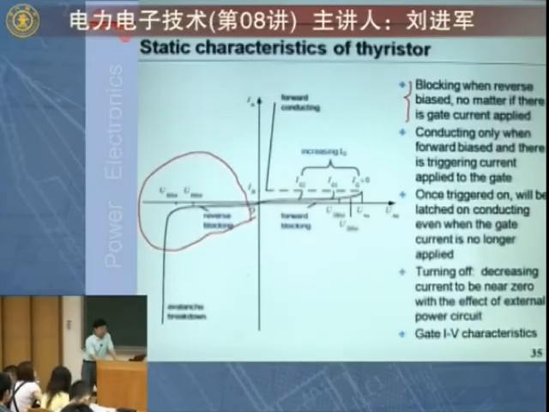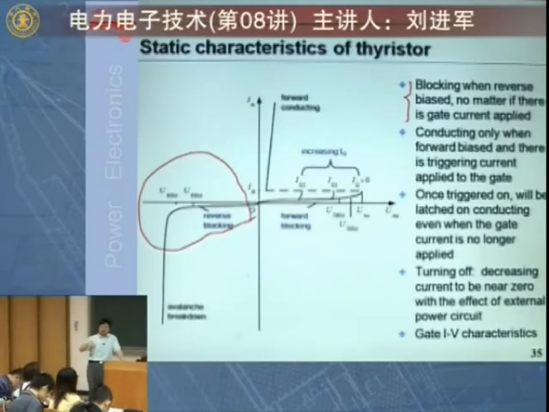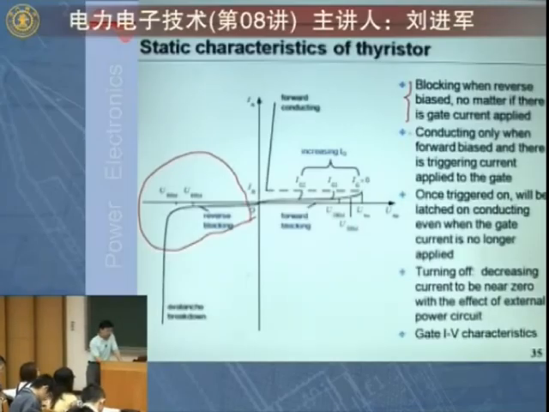Second statement, it will be conducting only when forward biased, only when you are applying positive voltage to A and negative voltage to K. And remember, there are two conditions. First condition, forward biased. Second condition, you have triggering current applied to the gate. Under these two conditions, the thyristor will be turned on.